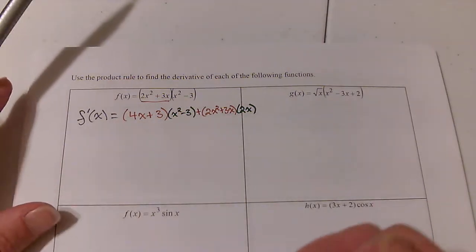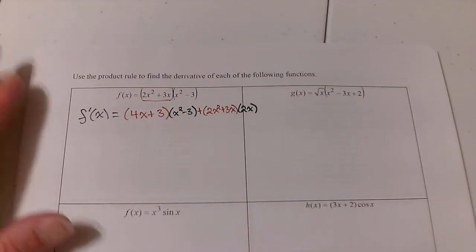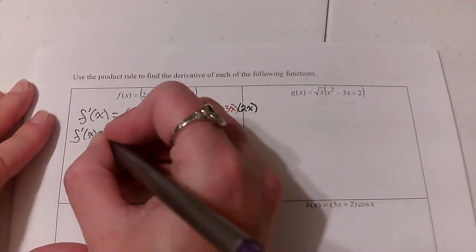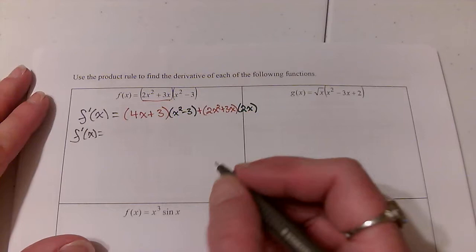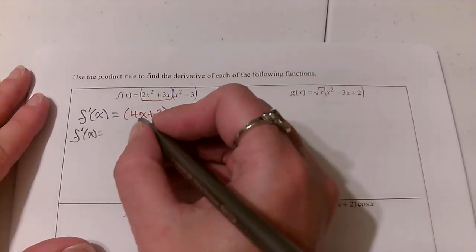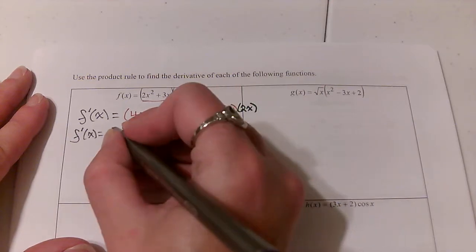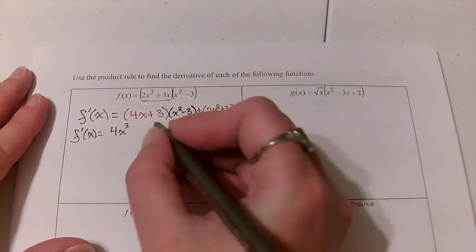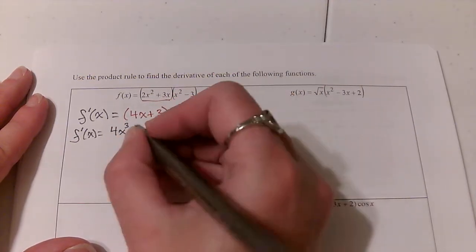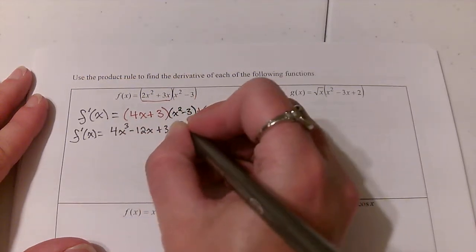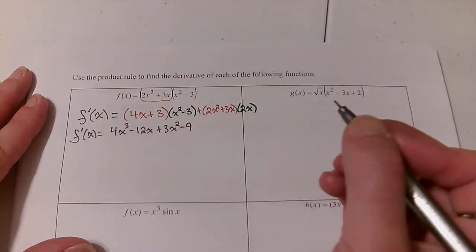Now I'm going to pretty that up a little bit, just because that doesn't look pretty to me. And remember, there's times to simplify your answer and there's times not to. For this practice, we're going to practice simplifying. So 4x times x squared is 4x cubed. Then I'd have negative 12x plus 3x squared minus 9.